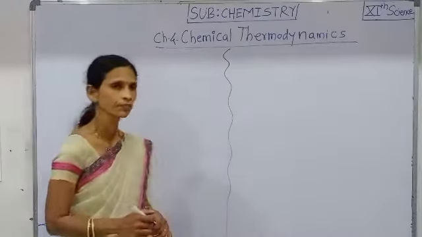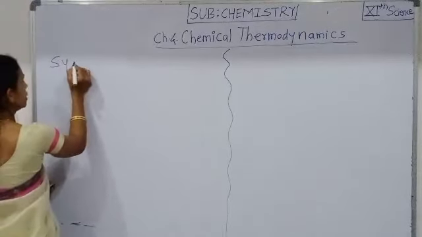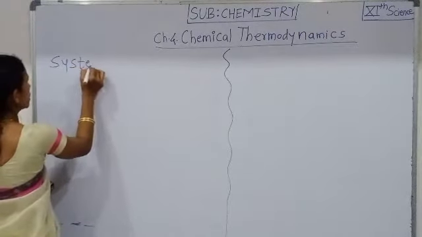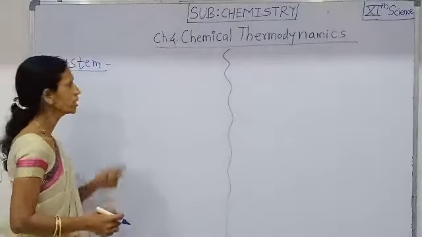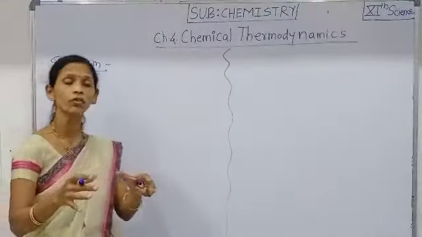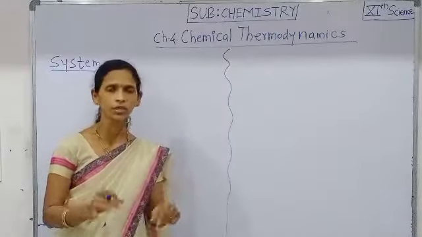Let us recall all those things related to chemical thermodynamics, that is, system. All of you have studied about the system. System is the part of the universe which is under chemical thermodynamic study.